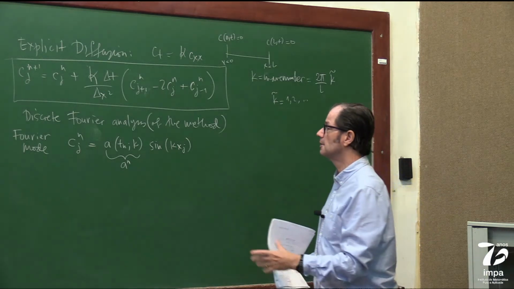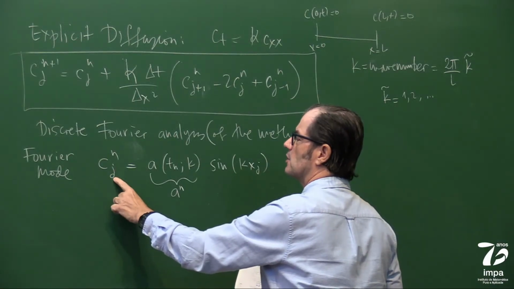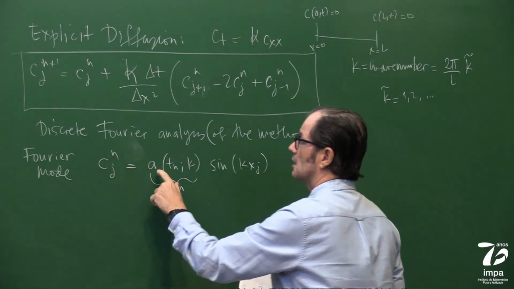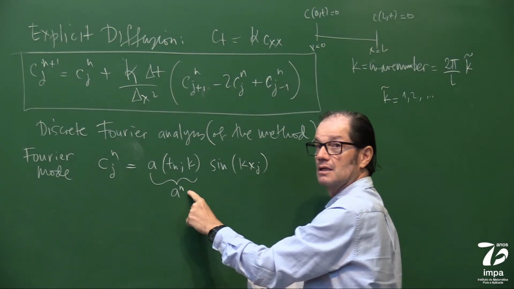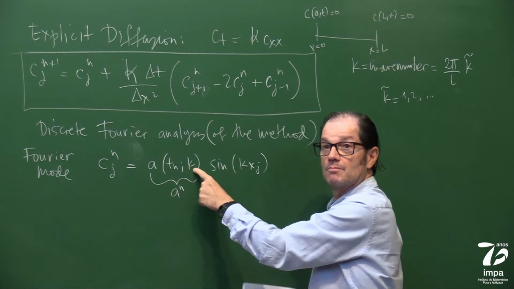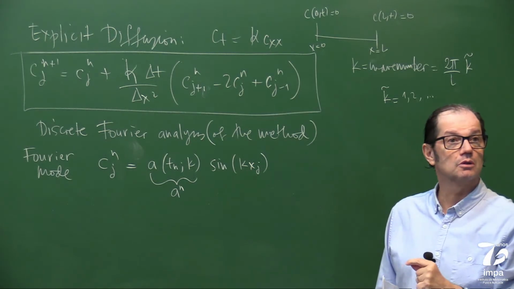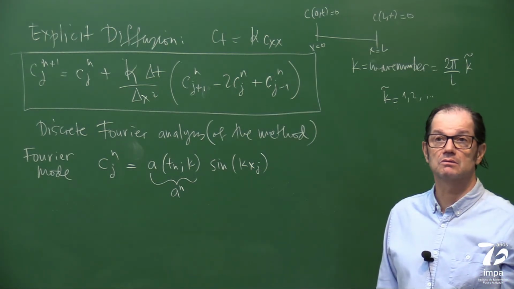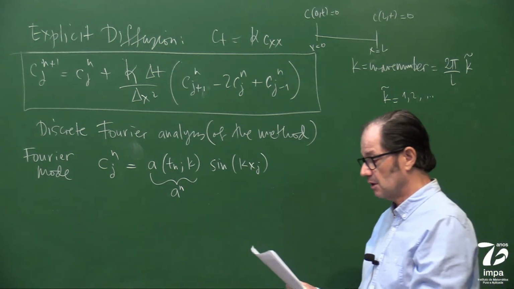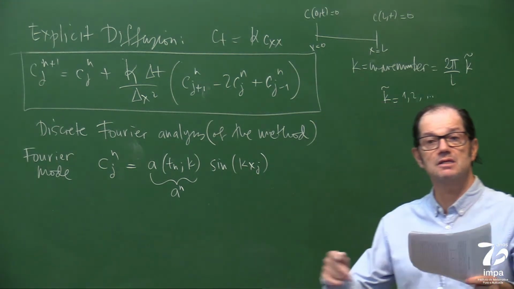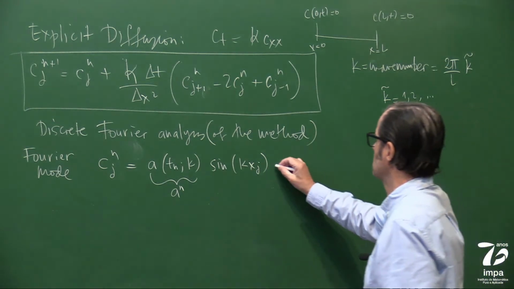It's a linear problem. So I'm going to say that my discrete concentration at point xj, time tn, has an amplitude, which I'm just going to call an, but don't forget that it depends on the mode. And here's the mode, the spatial distribution. No big deal, it's a Fourier analysis of this guy. These things sometimes are messy. There are all the details in the notes. I'm going to skip some points, but not much.